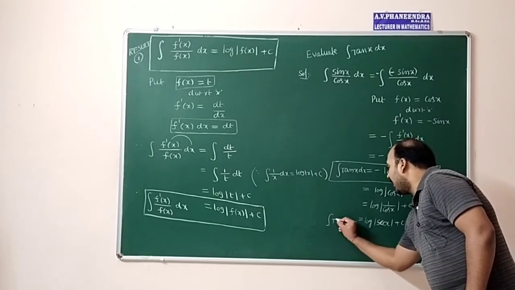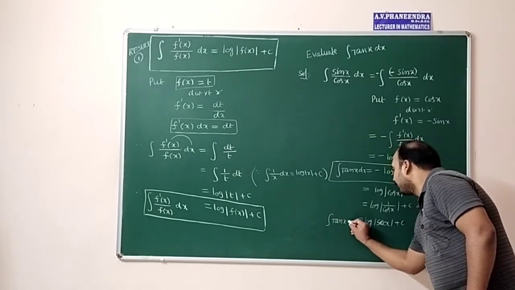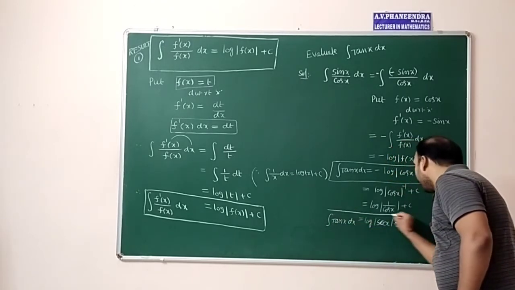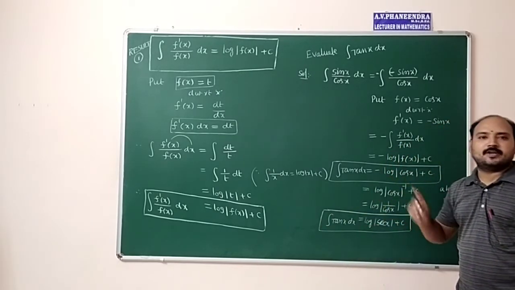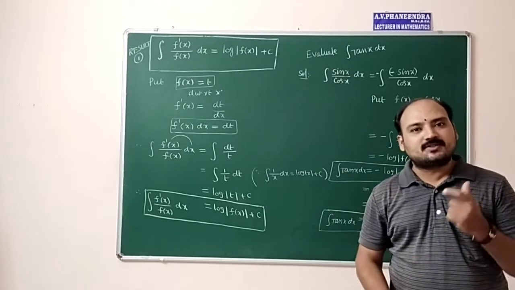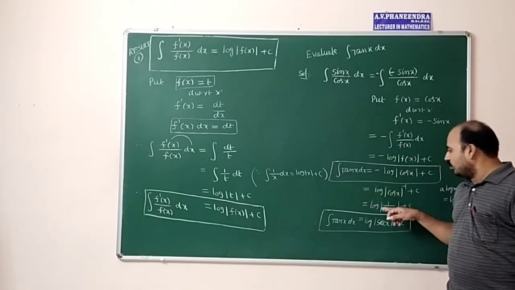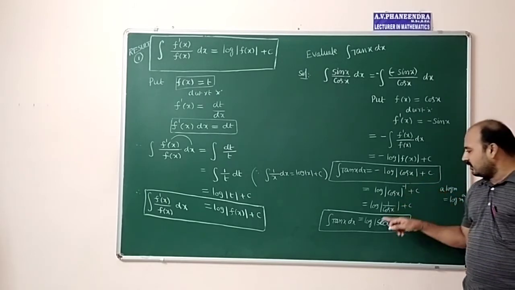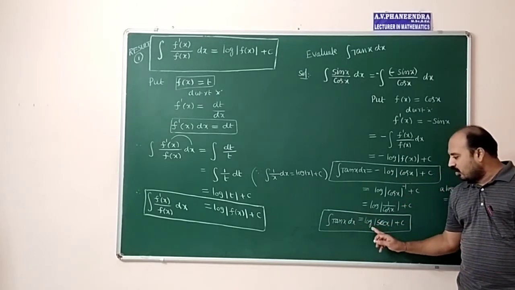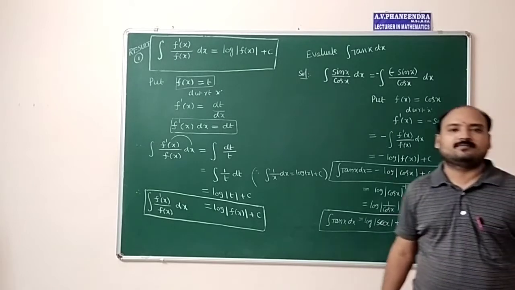So integral tan x into dx is equal to log mod secant x. Both the formulas are important. Integral tan x dx equals minus log mod cos x plus c, or integral tan x dx equals log mod secant x plus c.